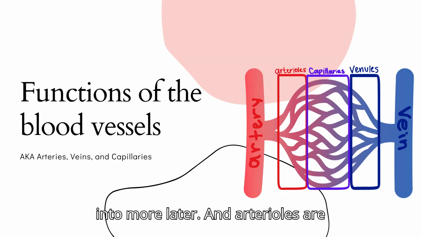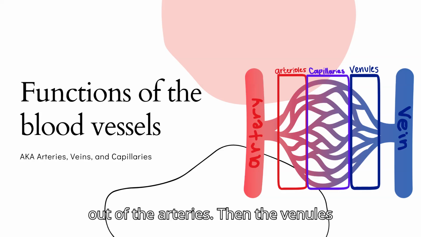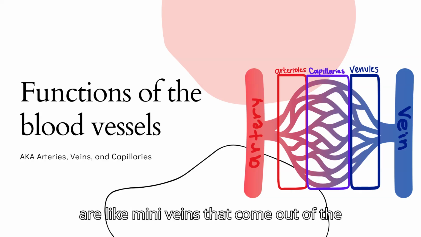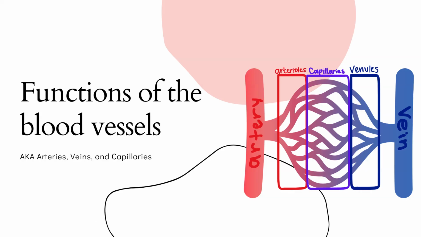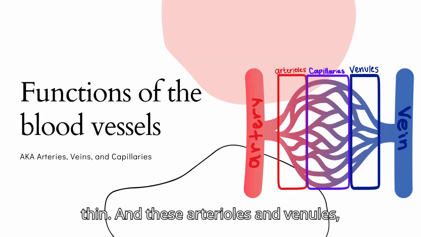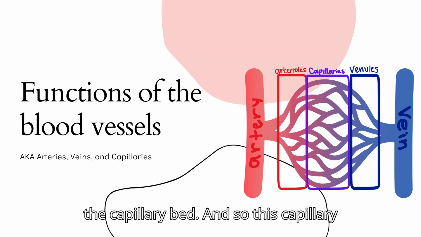Arterioles are kind of like mini arteries that come out of the arteries. Then the venules are like mini veins that come out of the vein. They're like branches of a vein where they get really tiny and really thin. And where these arterioles and venules combine is the capillary or the capillary bed.